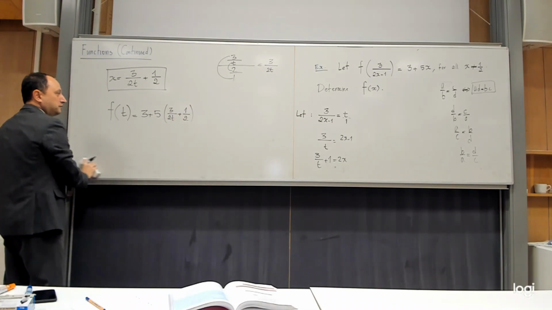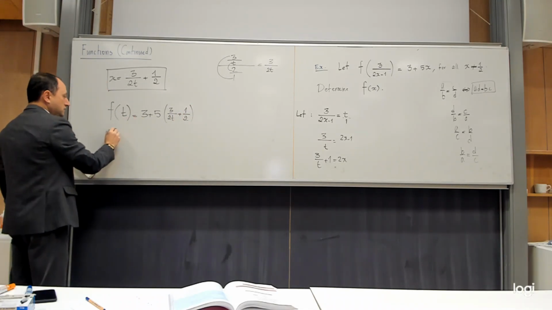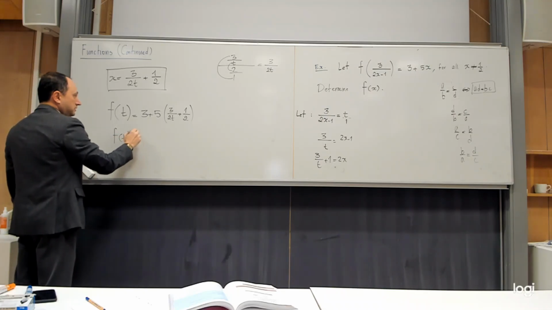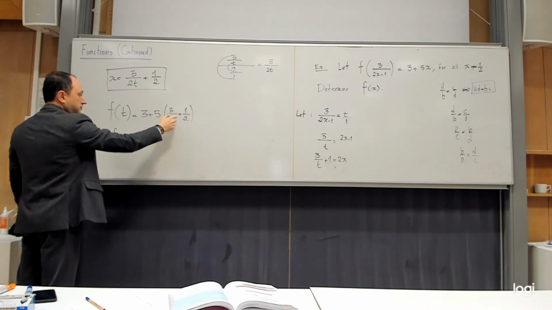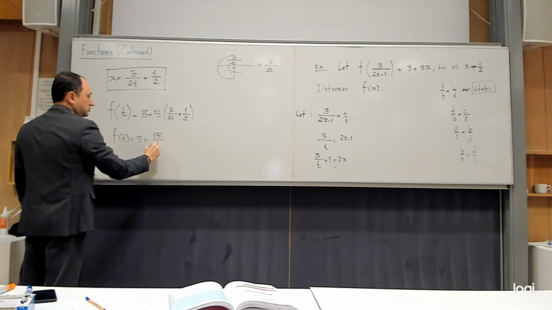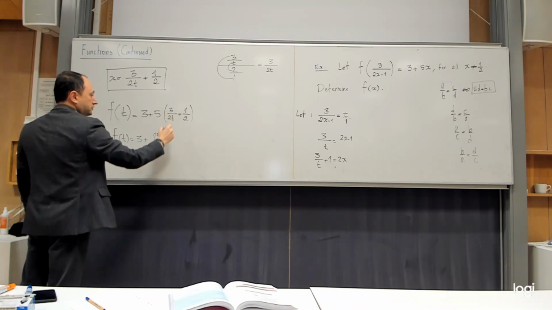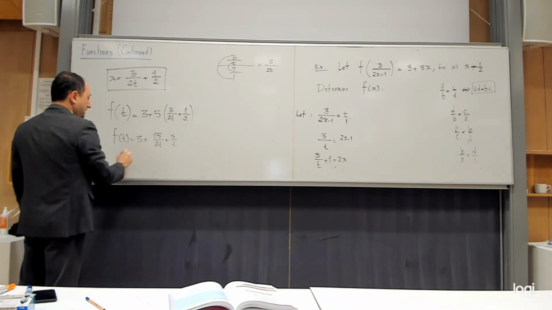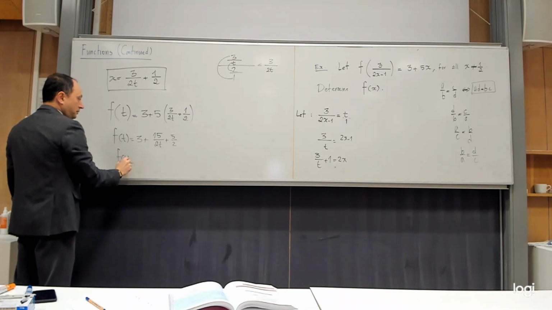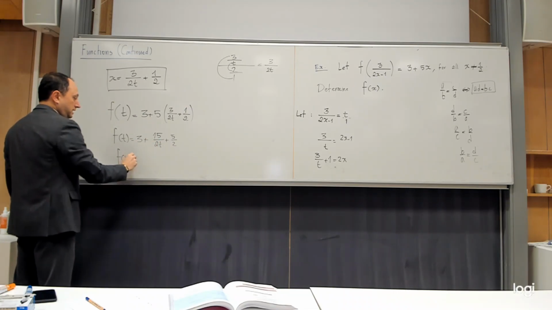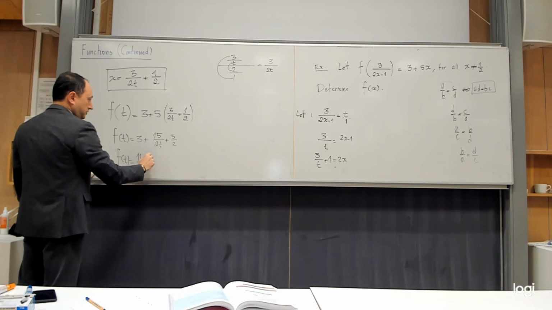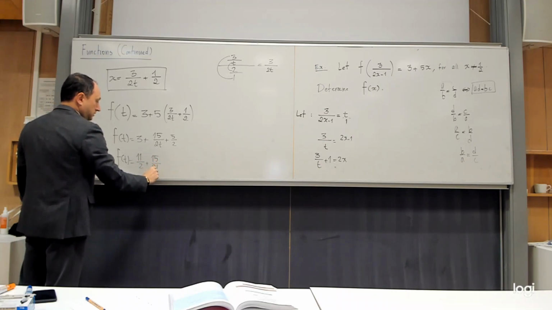And then I would prefer always to simplify things. So that is always better. I would write 3, I multiply 5 in, it becomes 15 over 2t. And then it becomes 5 over 2. And then I add them. So what happens? 3 plus 5 over 2 is 11 over 2 plus 15 over 2t.